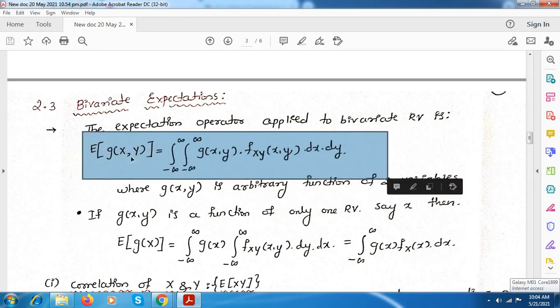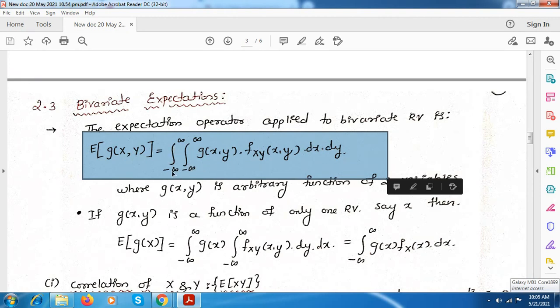So this is the equation for expectation. Take down this. In the first module, we used to write expectation of x. Here instead of x, we have g of x comma y, because there are two random variables. So we take a function with respect to both random variables.